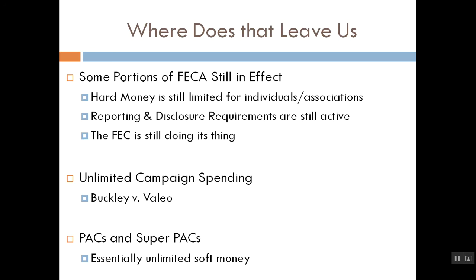So it is essentially allowed to raise and spend unlimited amounts of money, but only on soft money expenditures like party building activities, that is, registering voters, or issue advocacy that presents arguments in defense of certain policy options.